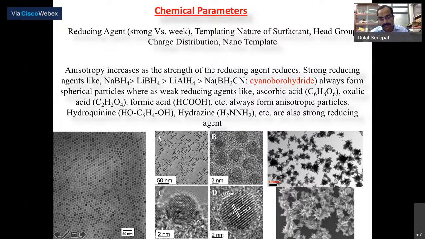Even if you zoom in to high resolution, they are mostly spherical. But when we use weak reducing agents like ascorbic acid, oxalic acid or formic acid, they are no more spherical but highly anisotropic. They give sharp tips, sharp facets, edges, all sorts of things. Those we call anisotropic.